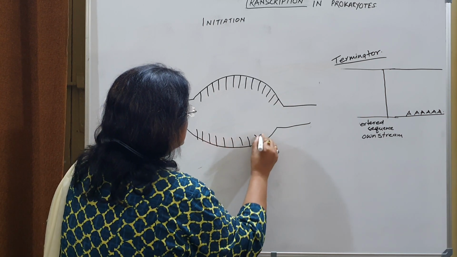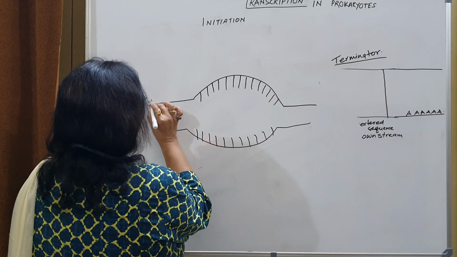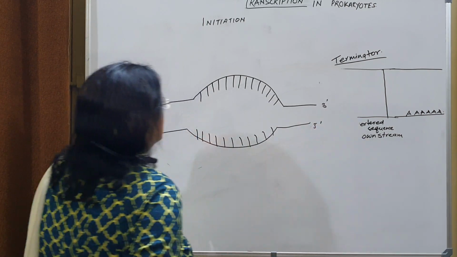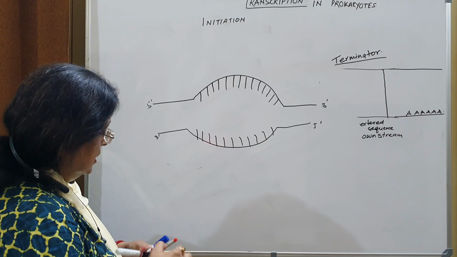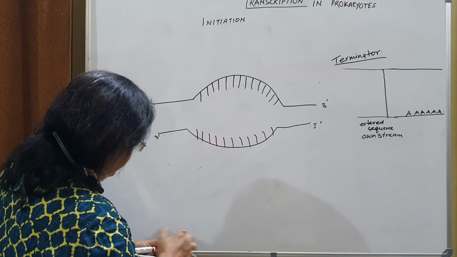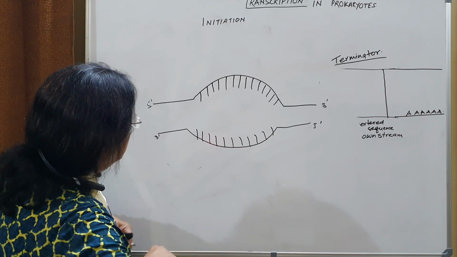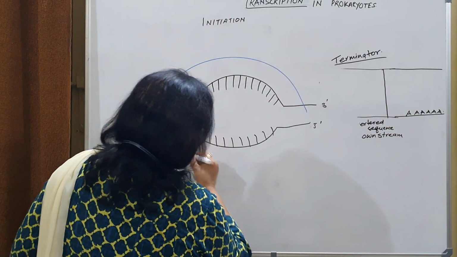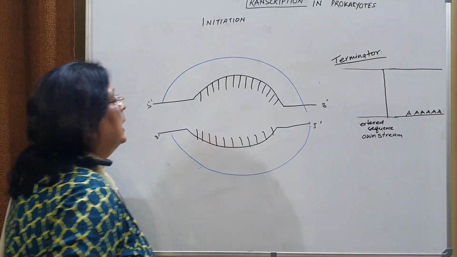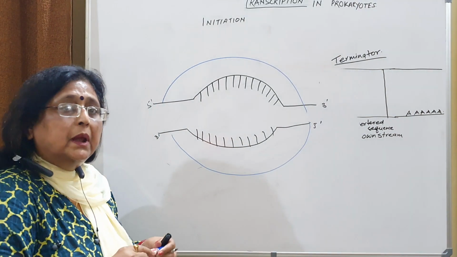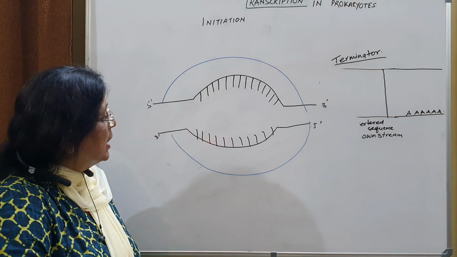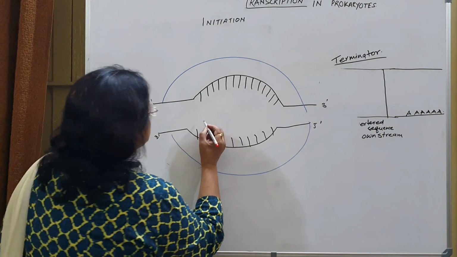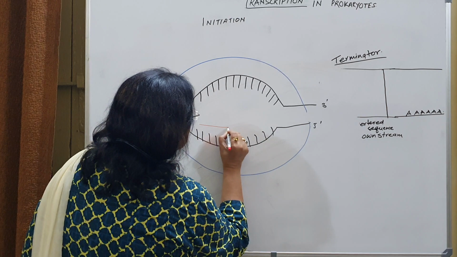These are the bases. The polymerase is here. Now they have opened the bond, and now the synthesis of RNA will start in the 5' to 3' direction.